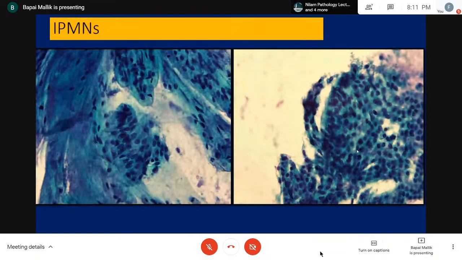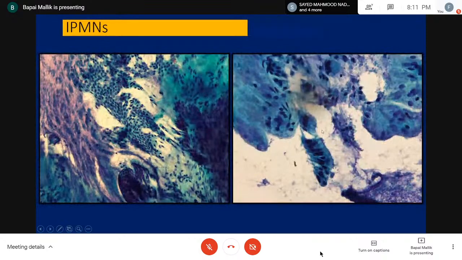IPMNs, and if you look at the edges, you see these cells streaming out. These are the epithelial cells. Some more of the pictures, and here you start seeing this. This is something you saw a little bit earlier, and these are the mucin caps, because these are the gastric foveolar type of cells showing mucinous caps over here.